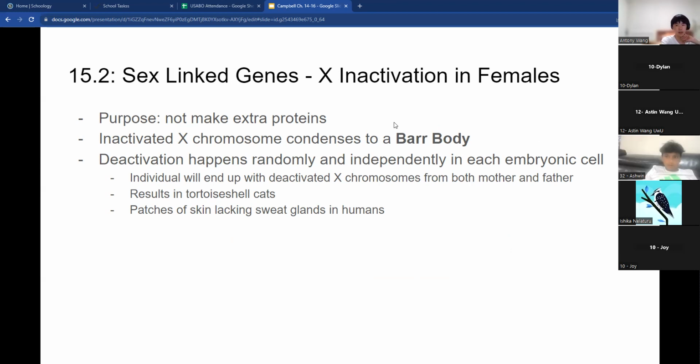So in early embryonic development, 1 X chromosome is randomly turned into a Barr body. What this means is that non-coding RNAs come in and condense the X chromosome in a way that prevents it from being transcribed. Just know that one X chromosome is inactivated.